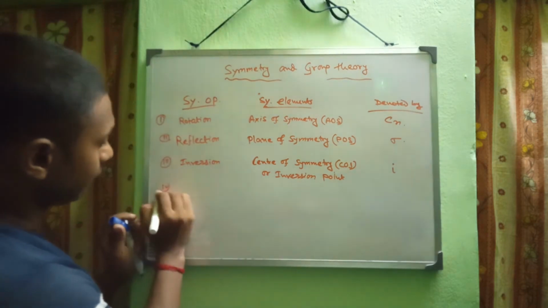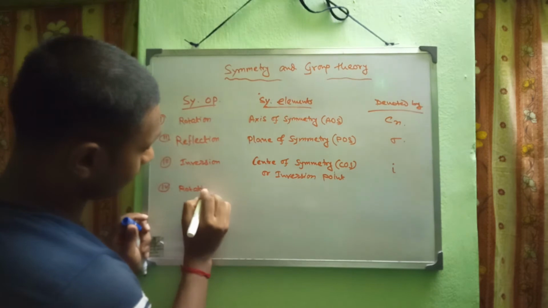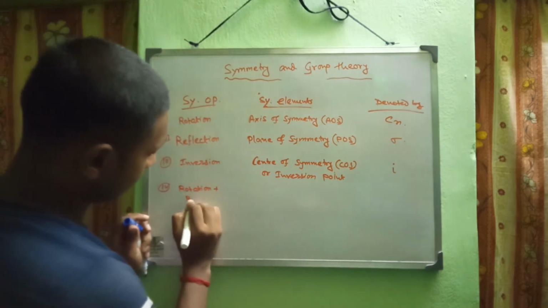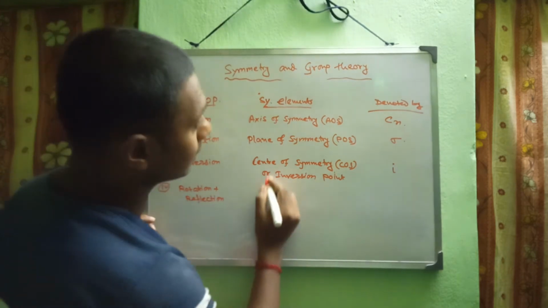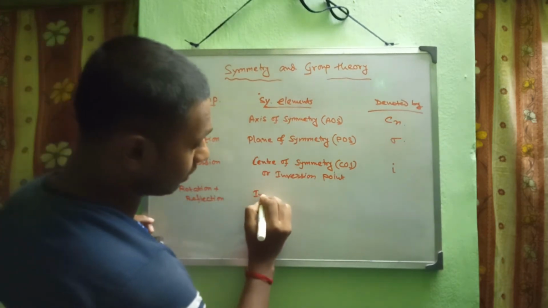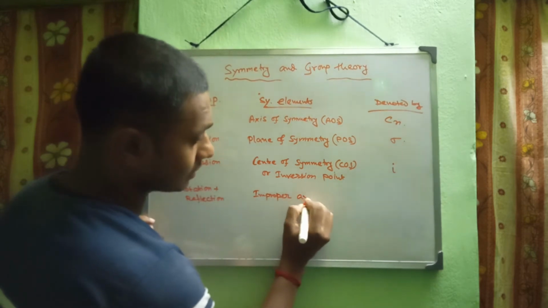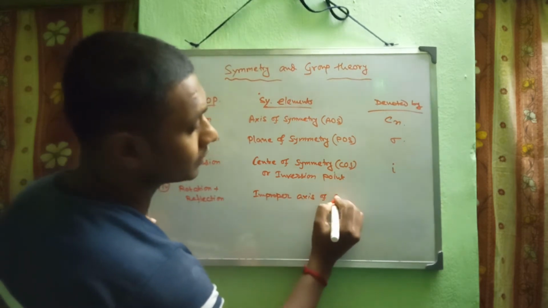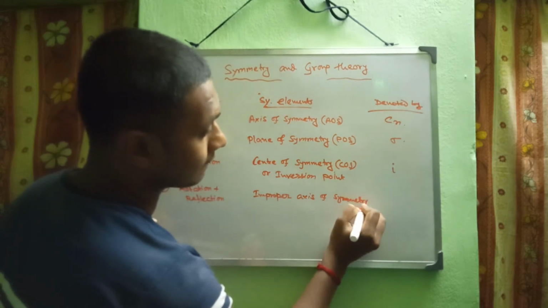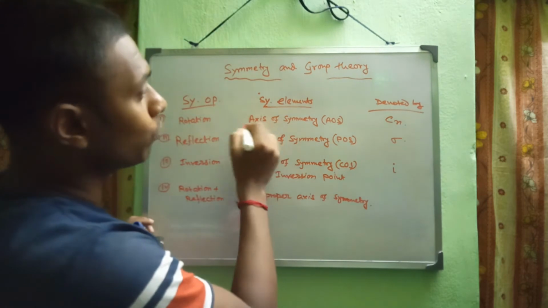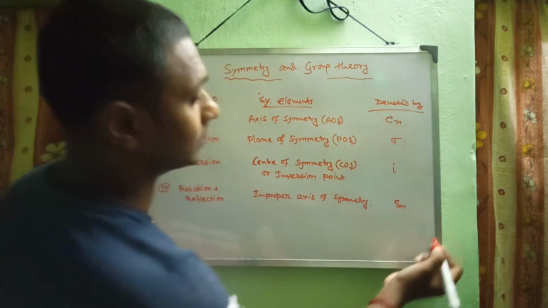Number 4 is rotation plus reflection, and the corresponding symmetry element is called the improper axis of symmetry, where Cn is called the proper axis of symmetry, and it is denoted by Sn.